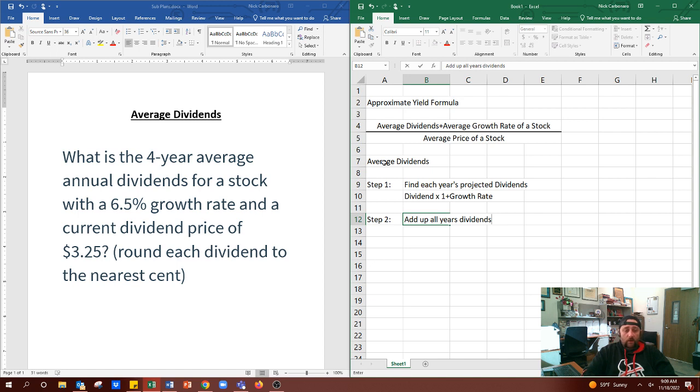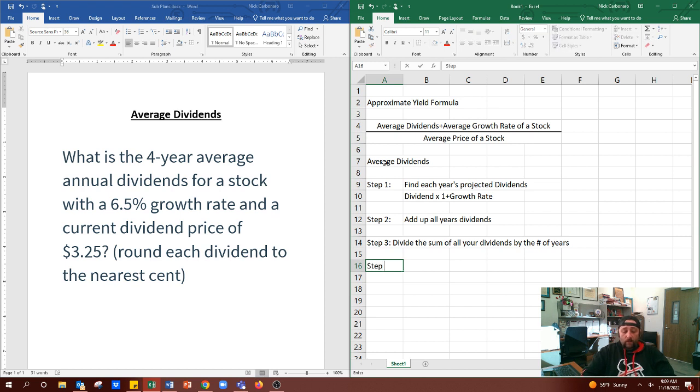In our example, we would be adding up 4 years of dividends. Step 3 states divide the sum of all your dividends by the number of years. All right, now that we know our steps, let's actually do the problem.